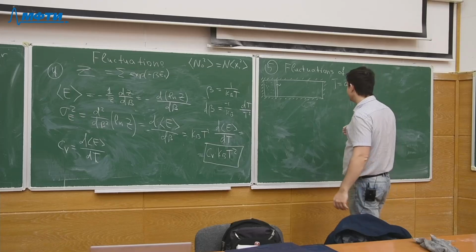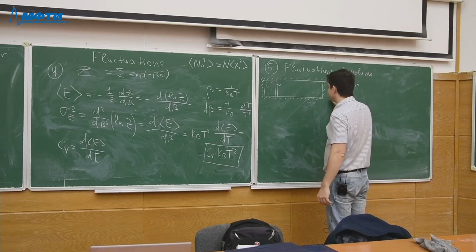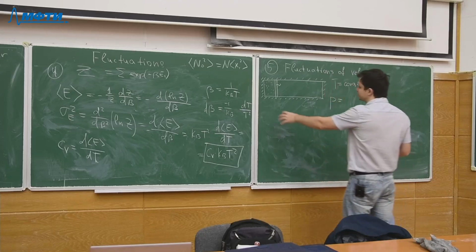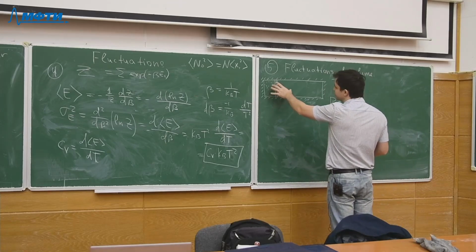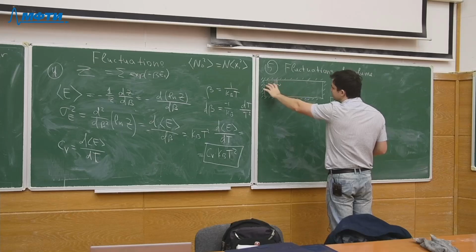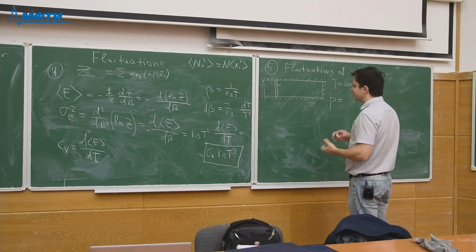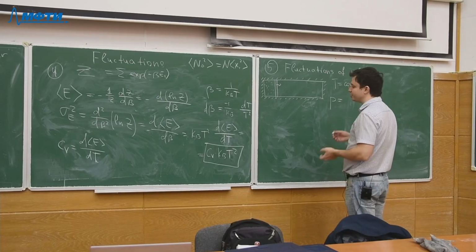Let's think that we deal not only with the ideal gas, but it can be just about any system, because there is some relationship between the pressure and the volume in the system.